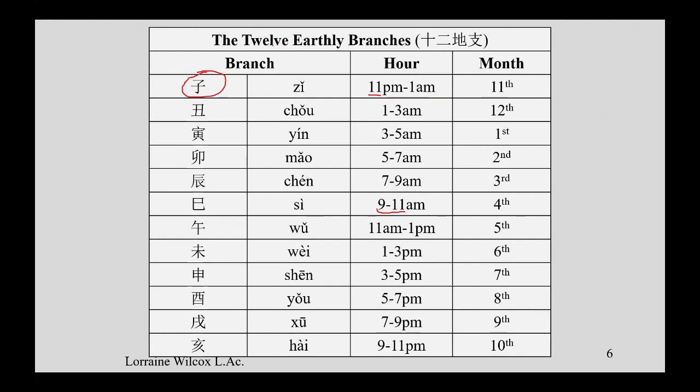In fact, the first branch is when the winter solstice is. And sometimes in very ancient China, the winter solstice was the beginning of the year, not Lunar New Year's. And so originally at that time, when the winter solstice month was the beginning of the year, then the first branch would be the first month.